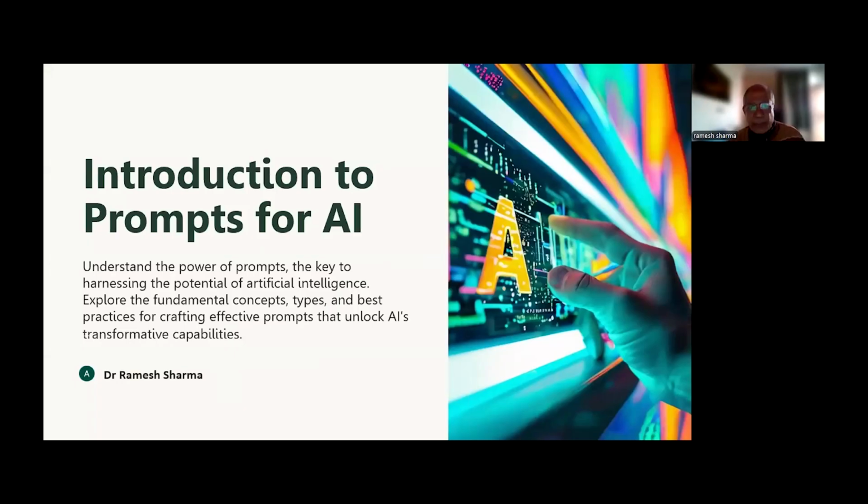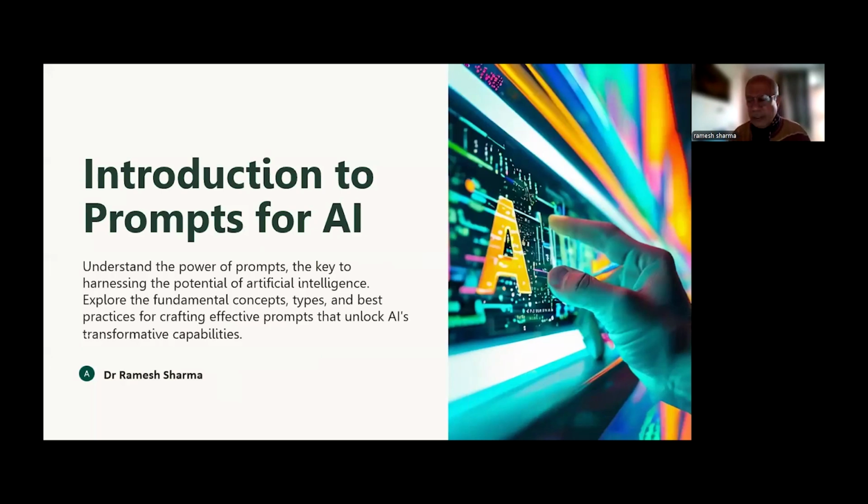I want to discuss now that we know there are various tools of AI, but how do we make use of them? So, the simple thing of using the AI tools, using generative AI.